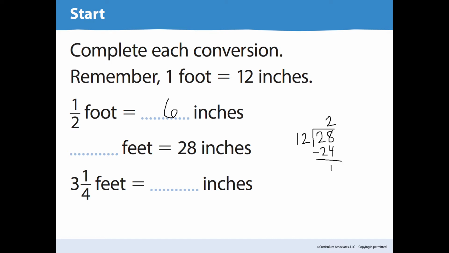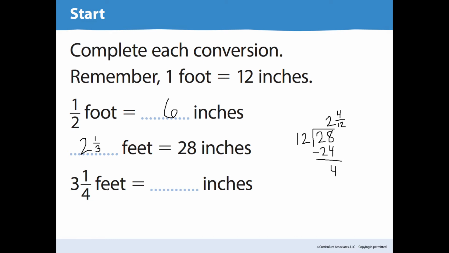And I have 4 left over, which I'm going to write as a fraction, 4/12. And when I reduce that fraction, I can divide the 4 and the 12 both by 4. If I divide by the same thing, it still stays equivalent. So I have 2 and 1/3 feet.